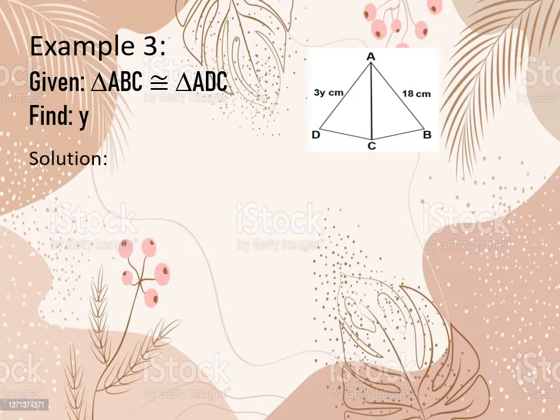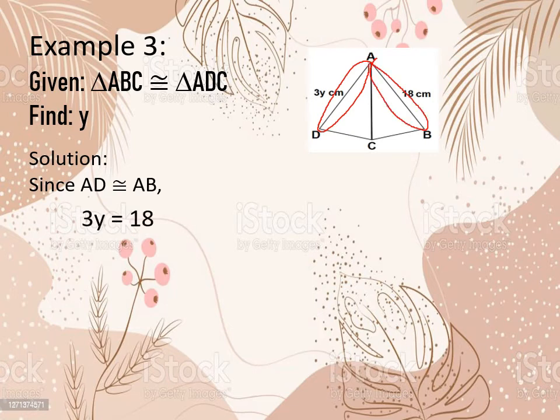For the solution, since AD is congruent to AB, and the measurement of AD is 3y, and the measurement of AB is 18, we have 3y is equal to 18.